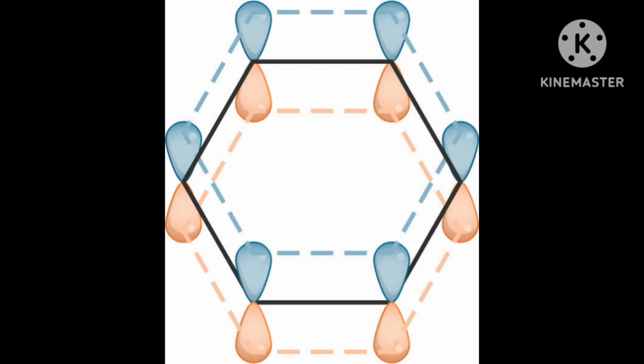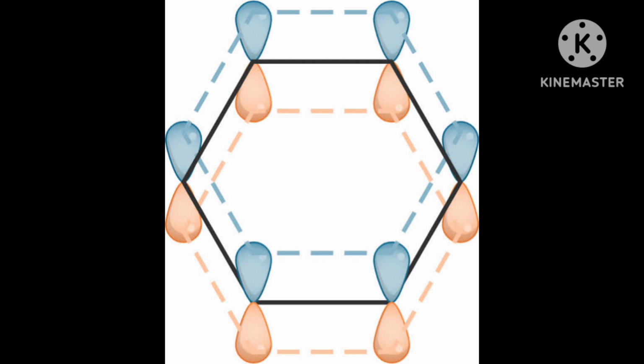These are also sigma bonds, formed with 6 hydrogens, one bond for each carbon and hydrogen, sp2 and s. Now all 3 sp2 orbitals of carbon are finished. Correct? Now you have to understand this important thing.